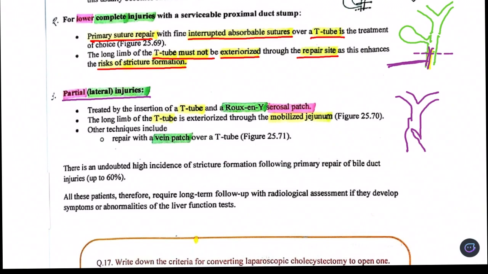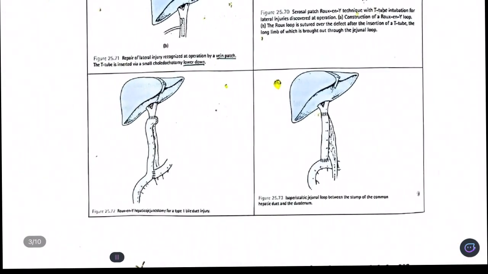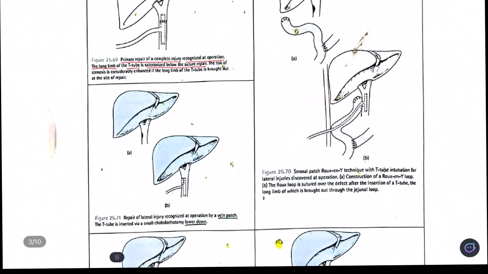So there should be one mobilized jejunum. Here we can see that there is a T tube, which is exteriorized through a mobilized jejunum.